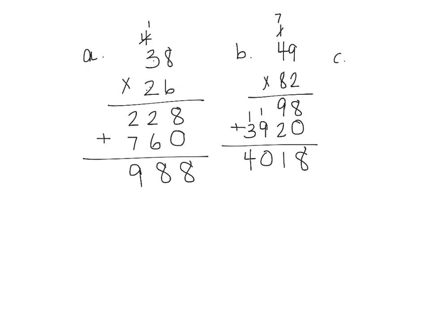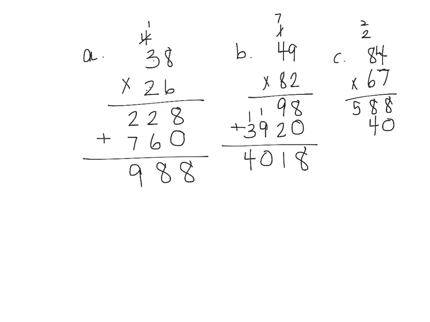84 times 67. Let's get those numbers looking a little bit neater. 7 times 4 is 28. 7 times 8 is 56, plus 2 is 58. Place filler. 6 times 4 is 24. Oh, it is a 2.